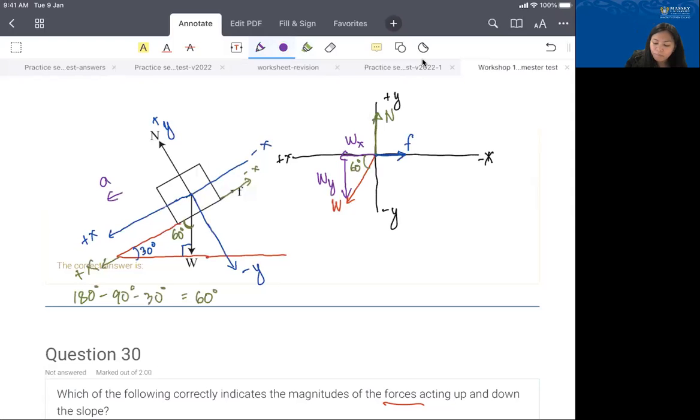It's easier to put your positive axis in the direction of motion so that your acceleration will be positive, right? So that when you do Newton's second law of motion, force is equal to mass times acceleration, if your axis is in the direction of the acceleration, then you have a positive acceleration.